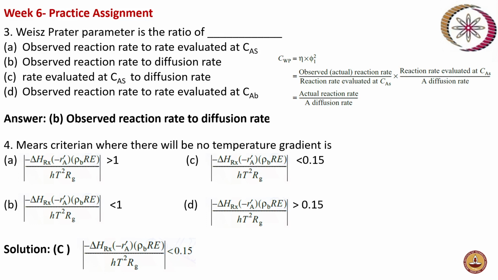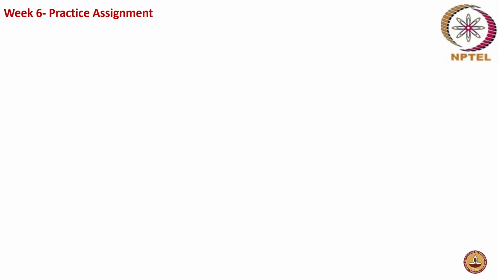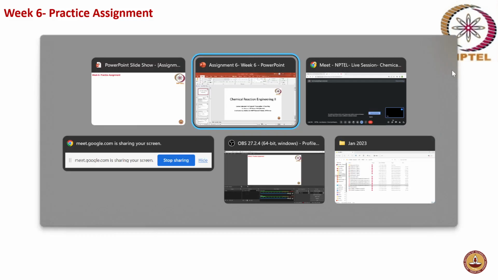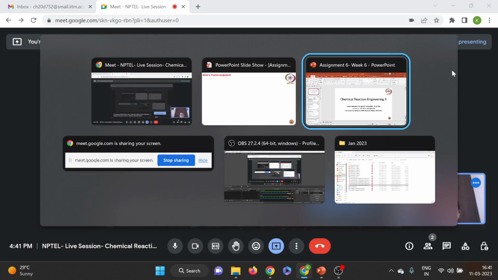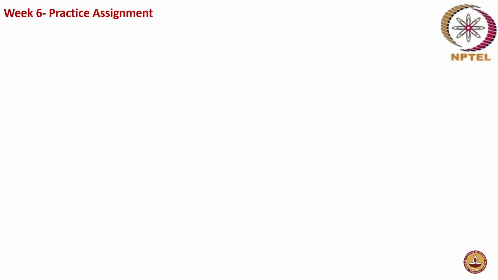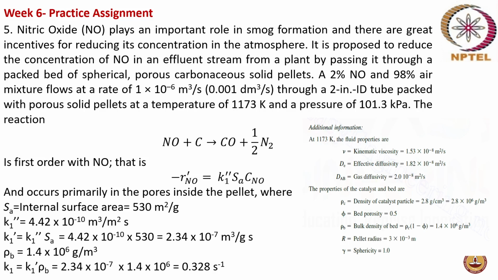Now let's go on to question number 5. Nitric oxide plays an important role in smog formation and there are great incentives for reducing its concentration in the atmosphere. It is proposed to reduce the concentration of nitric oxide in an effluent stream from a plant by passing it through a packed bed of spherical, porous, carbonaceous solid pellets.